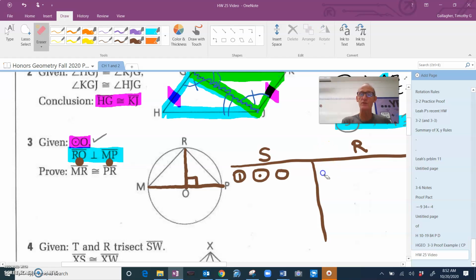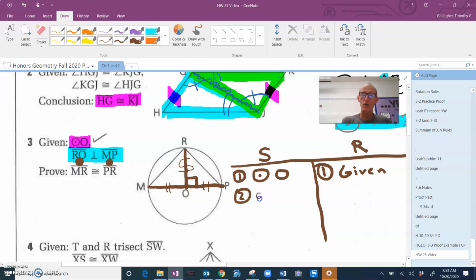Oops, it's a 1 there, not a 2. Then you can say that all of these segments are congruent. What I'm talking about is this segment congruent to this segment, and then this segment is actually going to be the reflexive property.